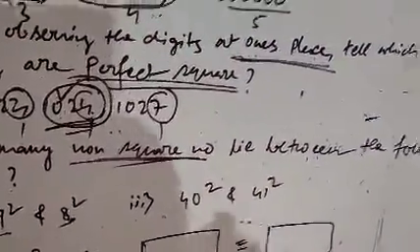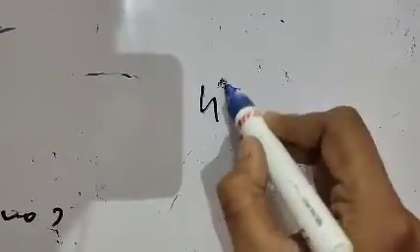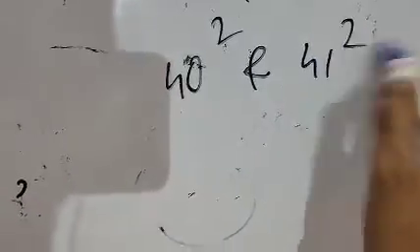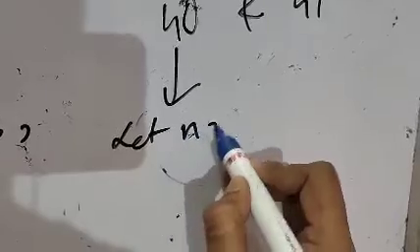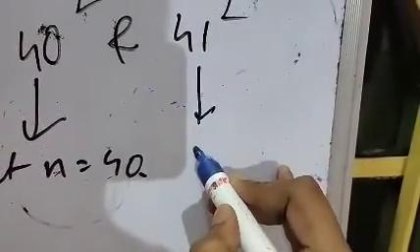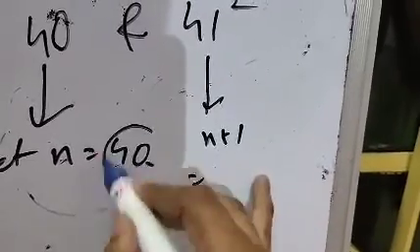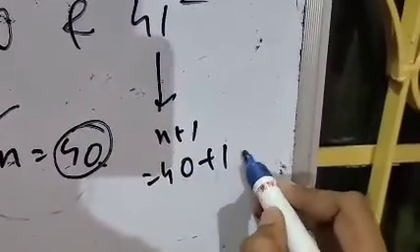Clear? Next, 40 square and 41 square. Let n equal 40, and n plus 1 is 40 plus 1, that is 41.